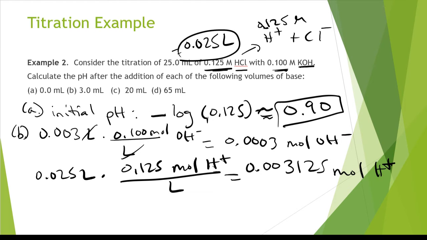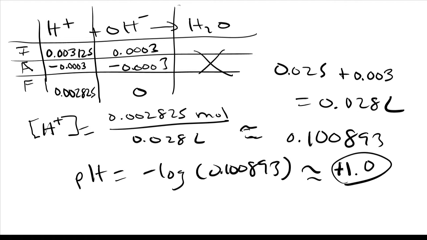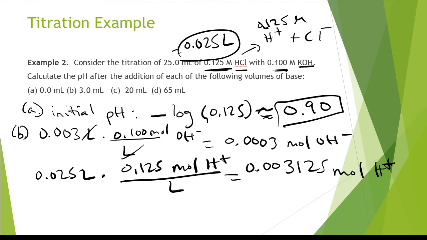The next part is when we add 20 milliliters. So let's go ahead and do that. Alright, so let's go to part C. What was part C? So we're adding 20.